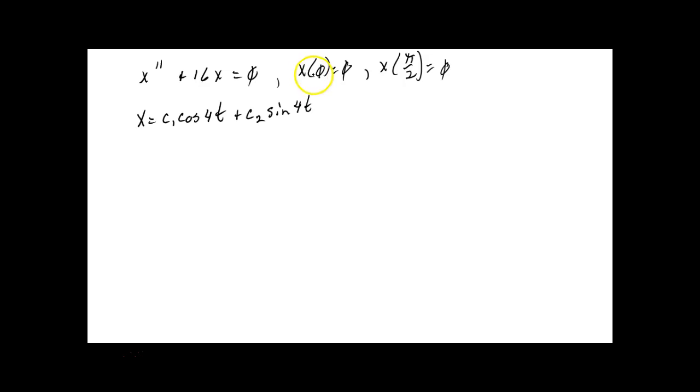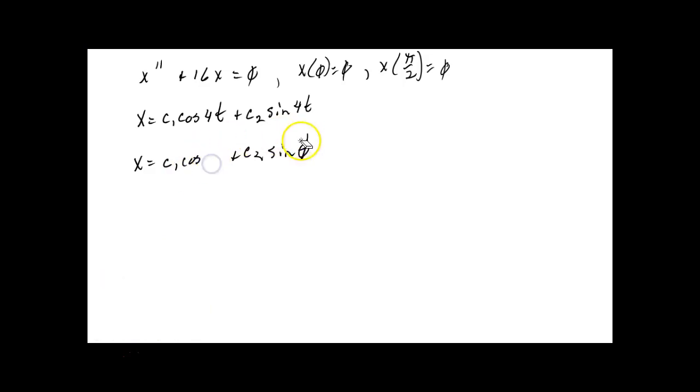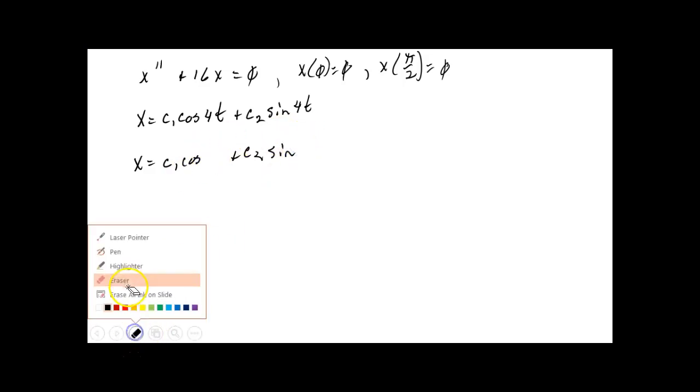Let's plug in that first condition, t is equal to 0. So we have x is equal to C1 cosine 4 times 0, plus C2 sine 0. Those are the numbers 0, not phis or thetas or anything else.